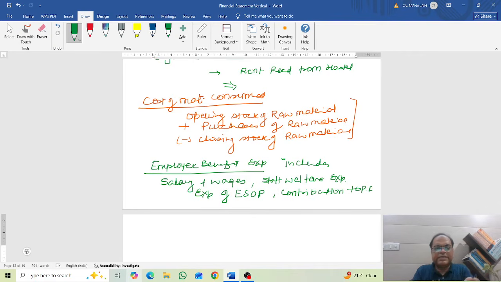Any of the expenses incurred by the company for the staff, for the employee, are classified under the employee benefit expenses. Salary paid, wages paid, staff welfare expenses, expenses of ESOP, and contribution to provident fund are all classified here.